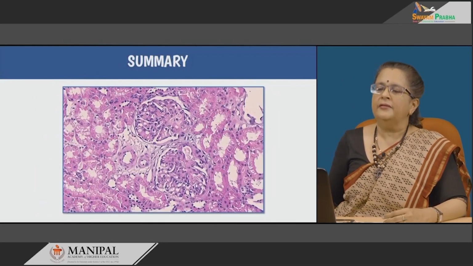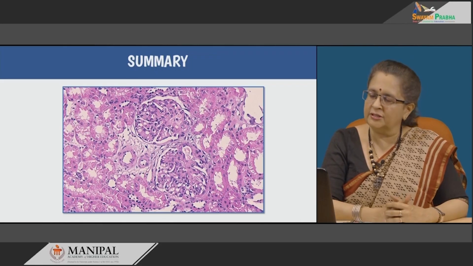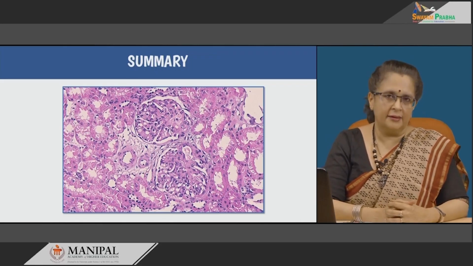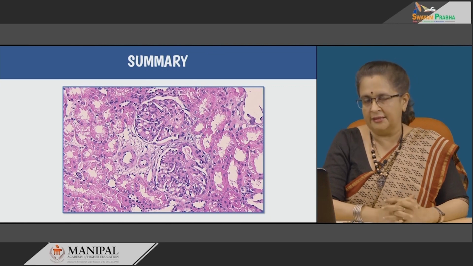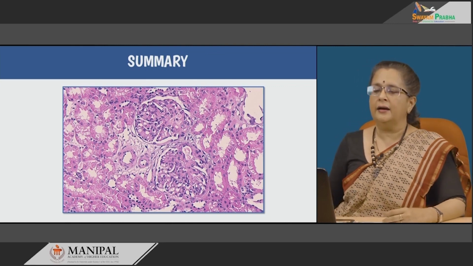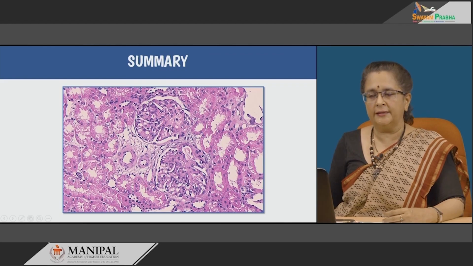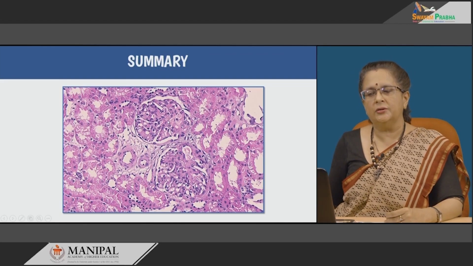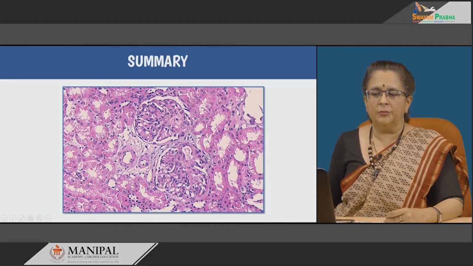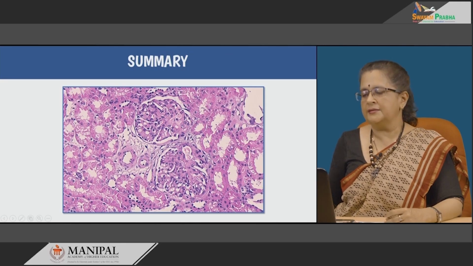So, with this we come to the conclusion of this session. To summarize, remember that all the clinical manifestations of renal disorders are because of involvement of either one of these 4 compartments or all of these, which include glomerular or tubulointerstitial or vascular compartments.